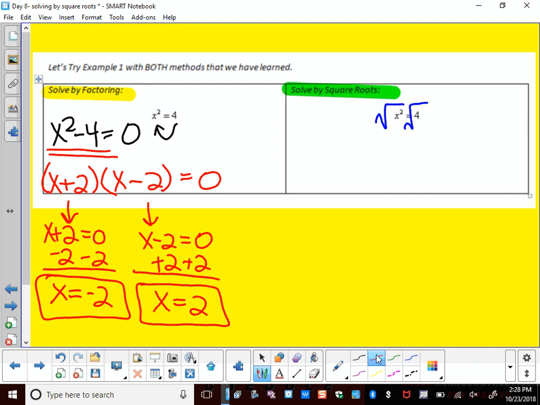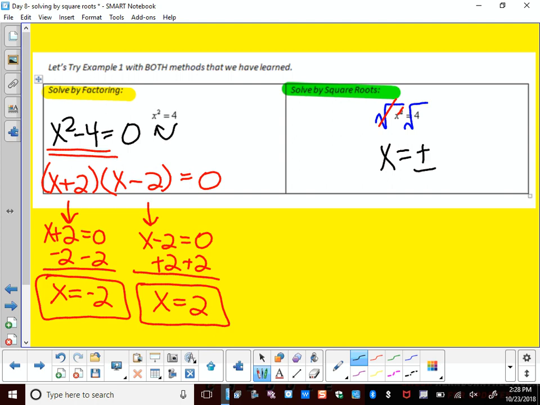Once that happens, my square and my square root cancel out. So what's left over? Just x on the left side. On the right side, I have the square root of 4. What's the square root of 4? 2. But before the square root of 4, I'm going to put plus or minus.